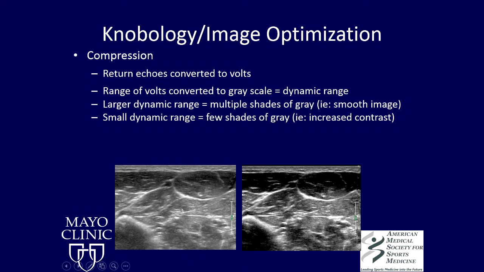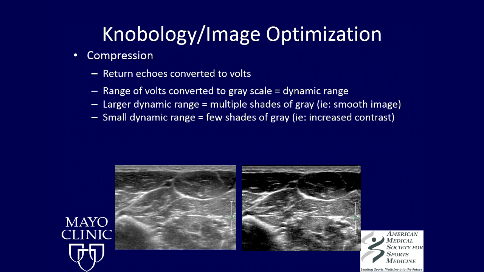So here we have a very large dynamic range, and so you can see lots of smoothing out of this image and lots of grays. Here it's much more pixely because this has a much smaller dynamic range, so there are fewer colors of gray.